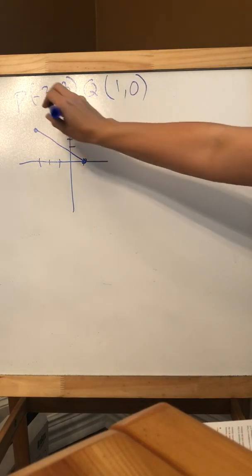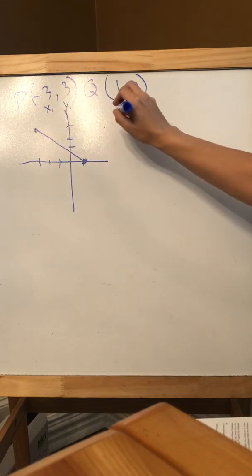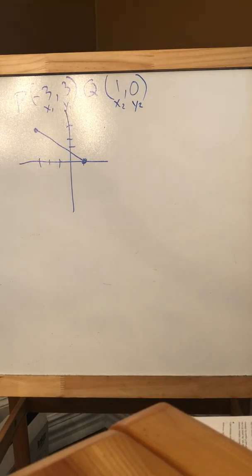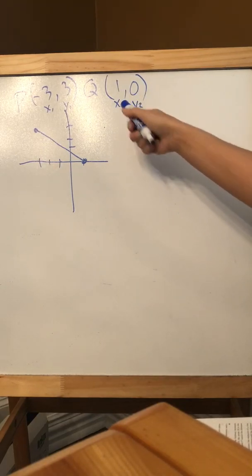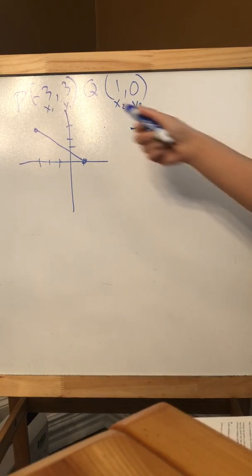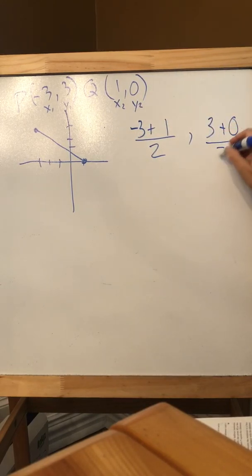So we can assign our X1 and our Y1 and our X2 and our Y2. And then we're gonna use the midpoint formula. So X1, which is -3, plus X2, which is +1, over 2. And then for Y, we have 3 and 0, Y1 and Y2, over 2.